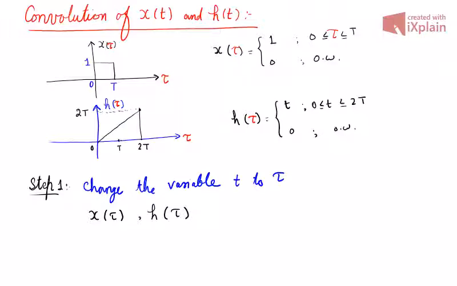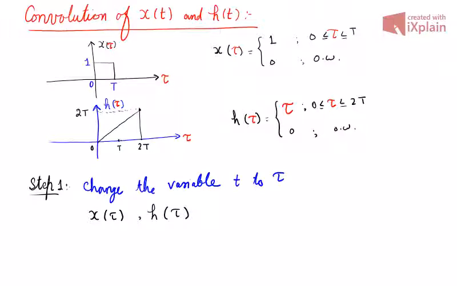Similarly we can replace t here, and we will replace it by tau. So these are the changes which we can make in the graphical and the mathematical representation of these signals, x of tau, h of tau.